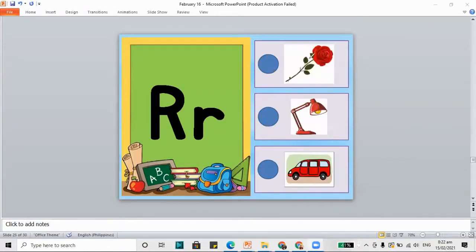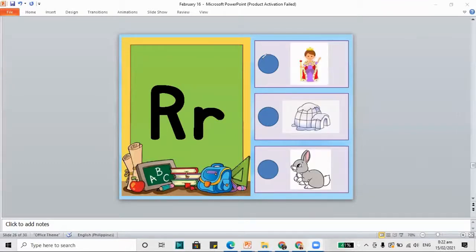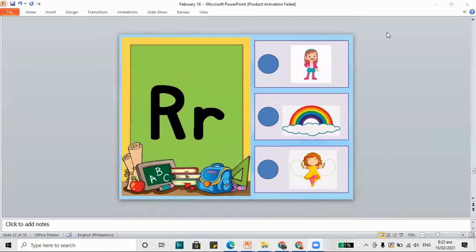How about the rose? Rose begins with R. Lamp doesn't begin with R. Van doesn't begin with R. How about queen? Queen doesn't begin with R. Igloo doesn't begin with R, but rabbit begins with R. How about the kid?